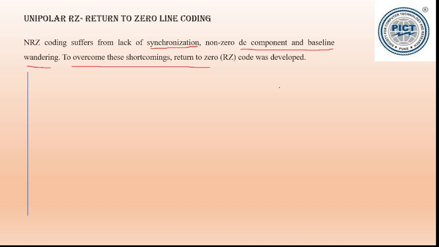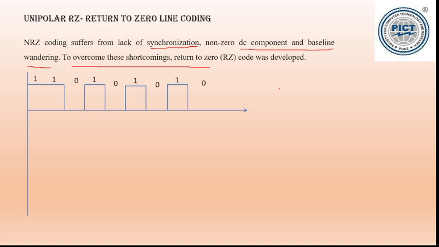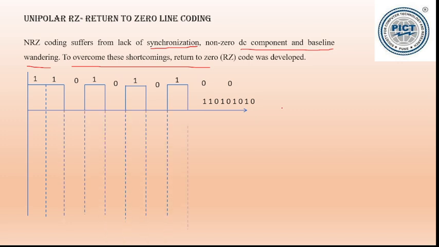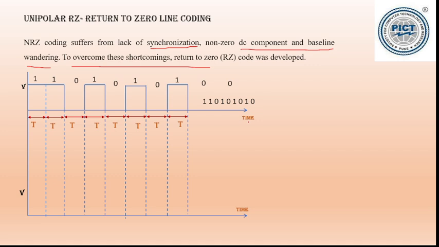Now let us see how to represent the return to 0 line coding. So this is again the same bit pattern we are considering for representation of return to 0. On the propagation line these are drawn. Again each bit is having a period of t seconds, that is time period t.